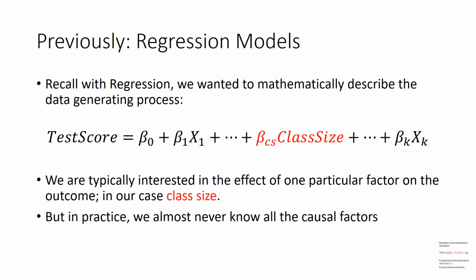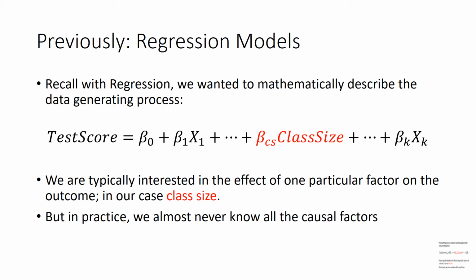We wanted to describe systematically how the data look like they do. We had this example of class size influencing test score, and to understand that influence, we had to describe everything that influences test score.